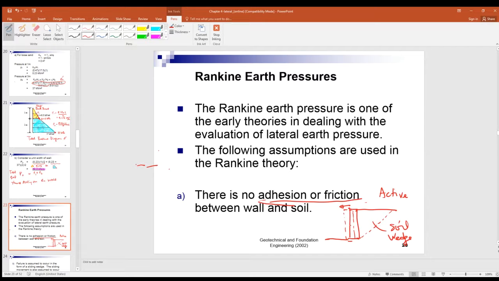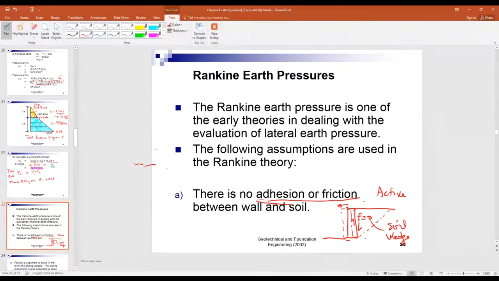But here, between the wall and the soil, the friction is equal to 0. So there's no adhesion or friction at the interface between the wall and the soil, the vertical soil surface.